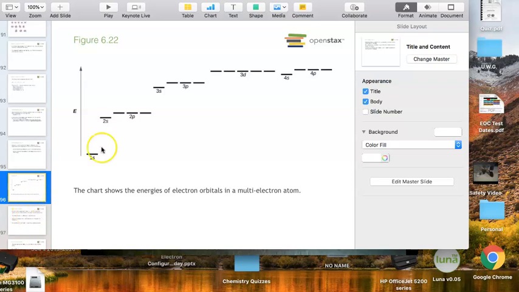Electrons that have the same quantum number in the same subshell are on the same plane here because they're all degenerate in terms of energy. The energy is the same between the electrons.